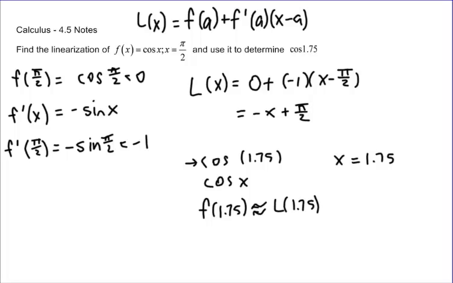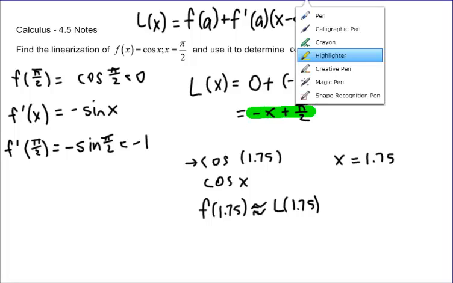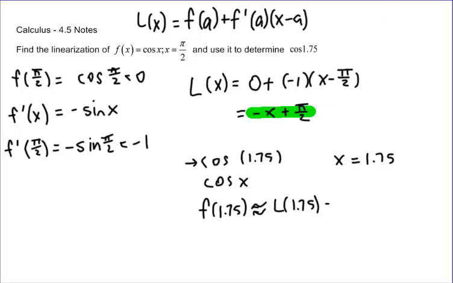We just worked through that whole process, so we basically just use this formula, negative x plus pi over 2: negative 1.75 plus pi over 2. When you punch it into your calculator, whatever it gives you will be your answer. And when I do it, I'll reach for my calculator here.